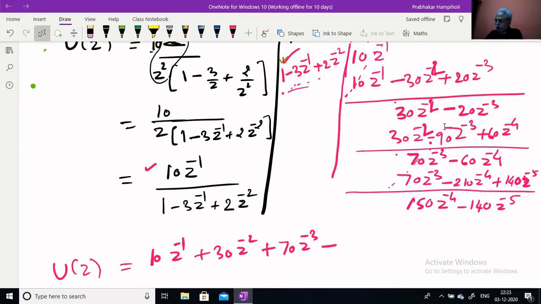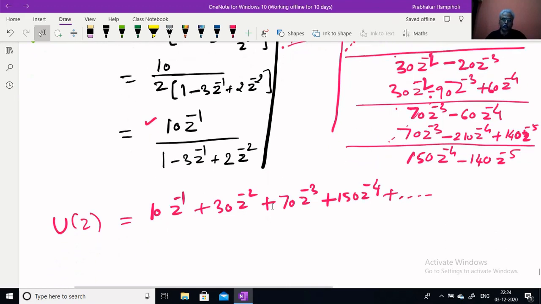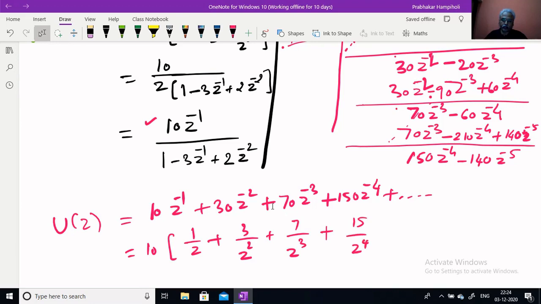Fourth term, if you complete that, you will get 150 times z raised to minus 4. But this is unending, that's why we write infinite process. Can you take 10 common here, which is equal to 10 into bracket 1 by z plus 3 by z square plus 7 by z cube plus 15 by z raised to 4 and so on.